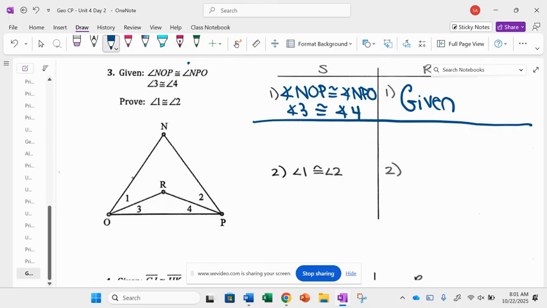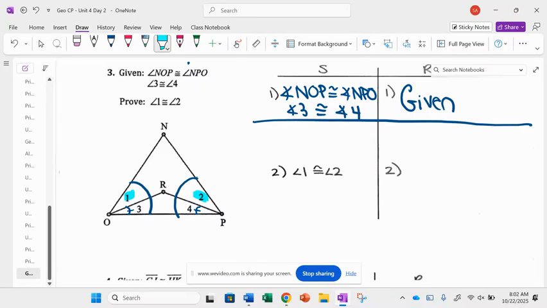So we have angle NOP, that's this angle right here, is congruent to angle NPO, that angle right there. And we have angle 3 is congruent to angle 4. We want to prove that angle 1 is congruent to angle 2.